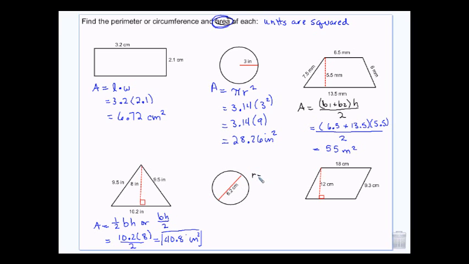Okay, now on this one, I have to find the radius, which is the diameter divided by 2. So that's 3.1.